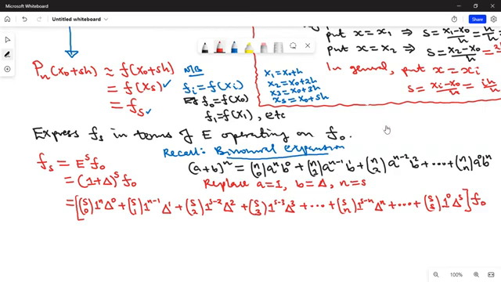Now let's compute these combinations. S combination 0 is the same as s factorial over s minus 0 factorial times 0 factorial. That's what we mean by s combination 0. I'll put a bracket here.